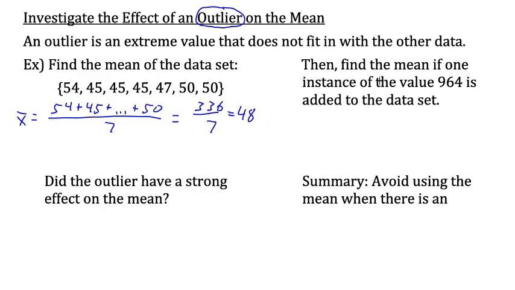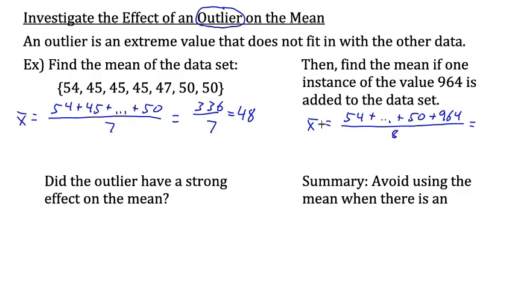All right, now we're going to find the mean if one instance of the value 964 is added to this data set. So we're going to add up the same numbers, but we're also going to add in a 964. And now there are 8 values, so we're going to divide by 8.